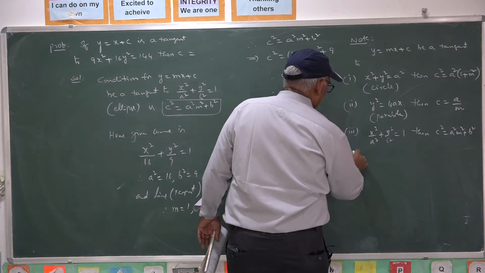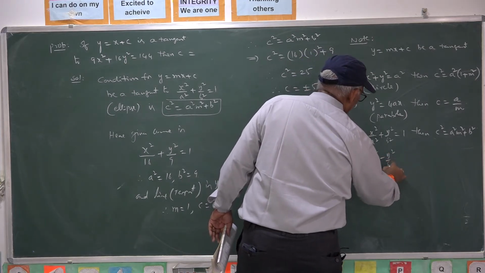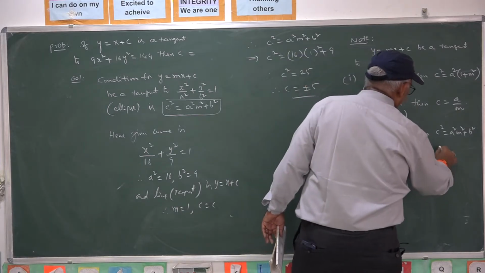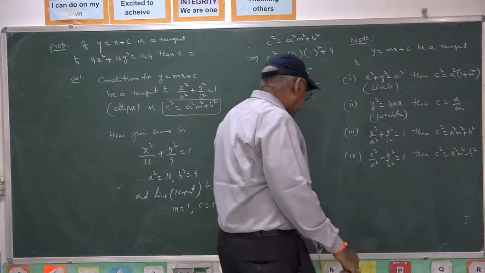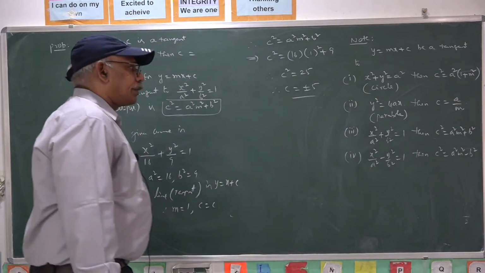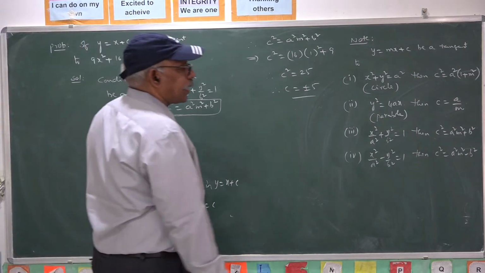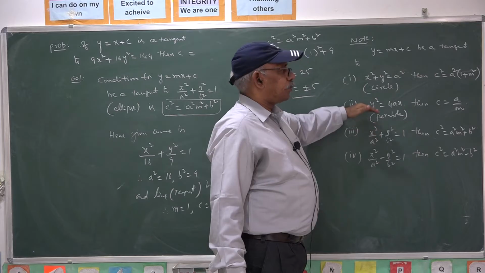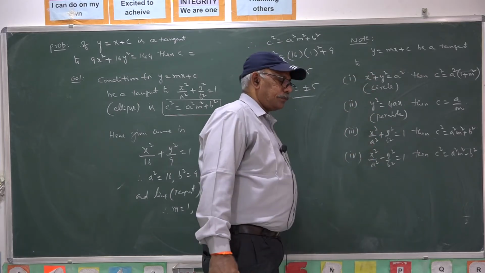In case of hyperbola, x square by a square minus y square by b square equal to 1, the condition is c square equal to a square m square minus b square. So, these are the different conditions for y equal to mx plus c to be a tangent to the ellipse, parabola, circle, and hyperbola.